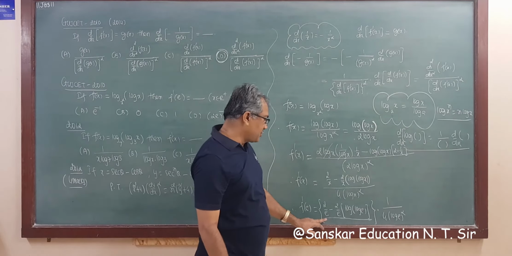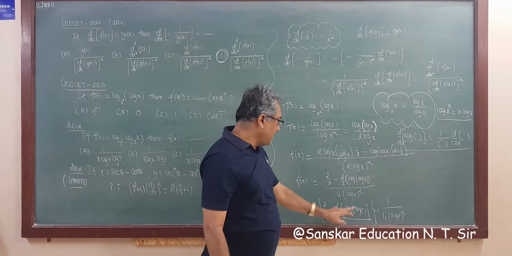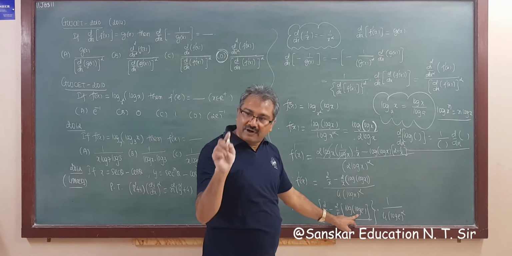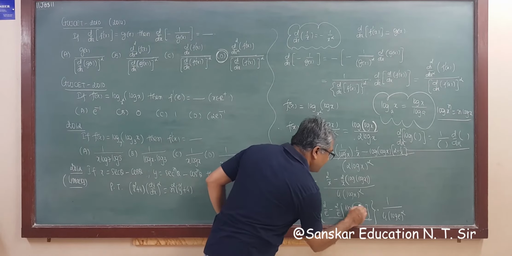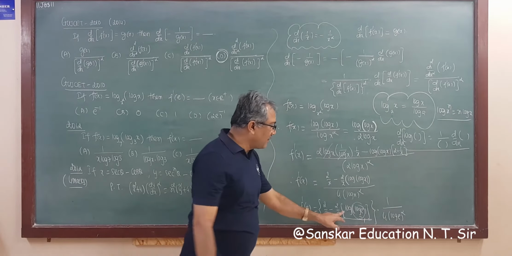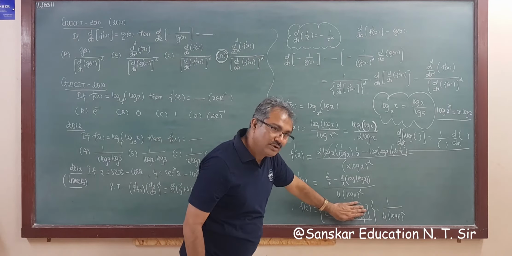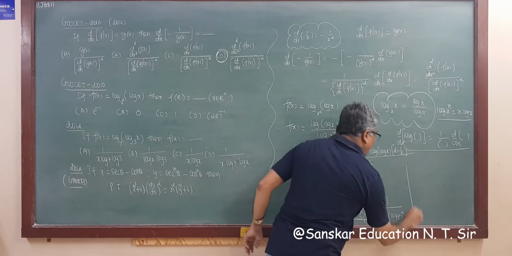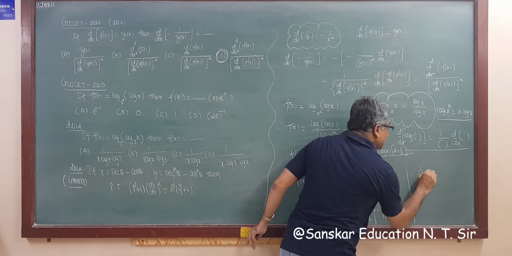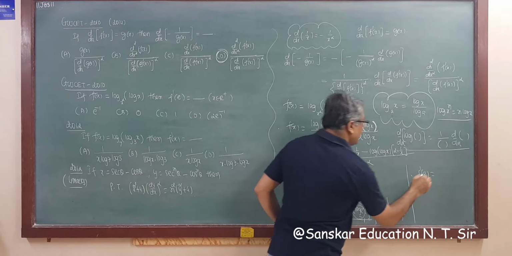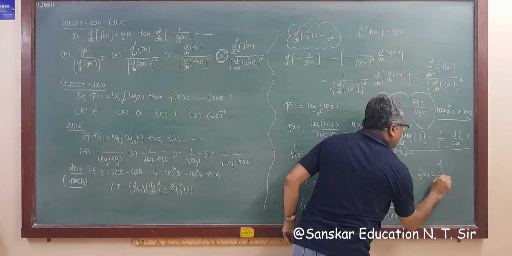Now this is 2 by e, this is 2 by e. Now log e, that is 1. So the answer of this is 1, and log 1 is 0. So everything here is 0. So what remains, therefore f dash e is equal to 2 by e, right?